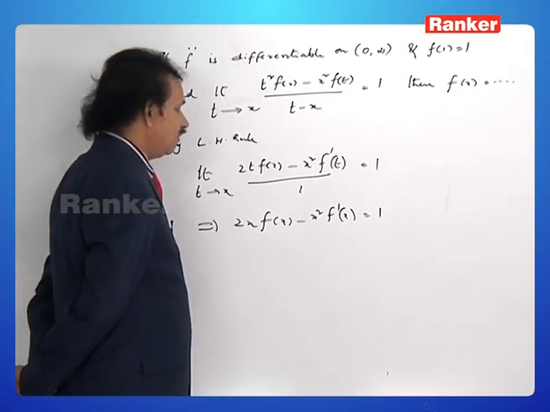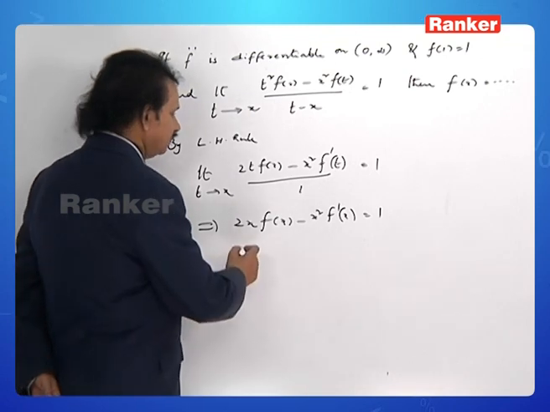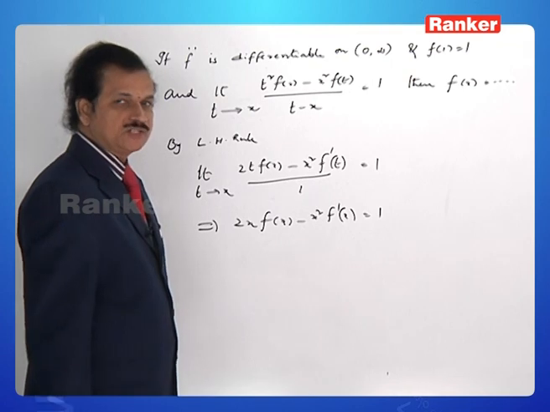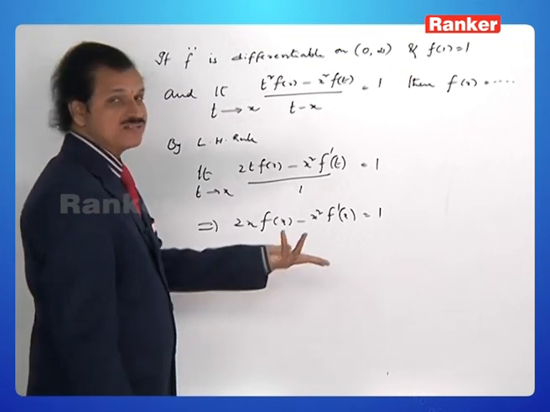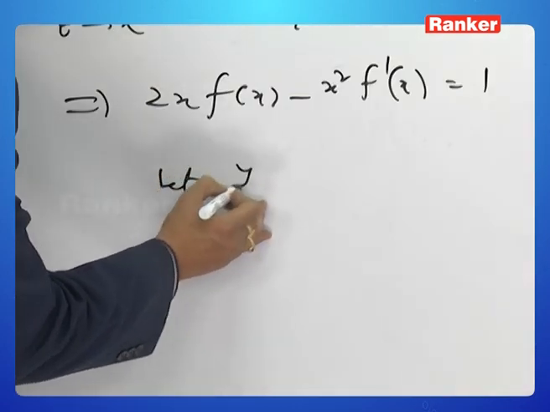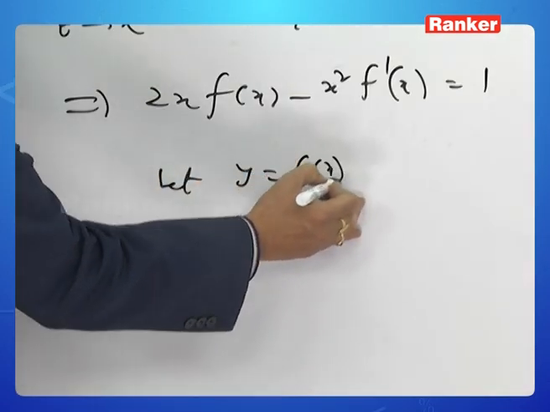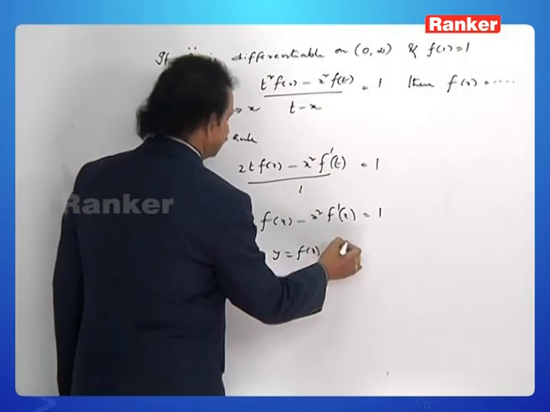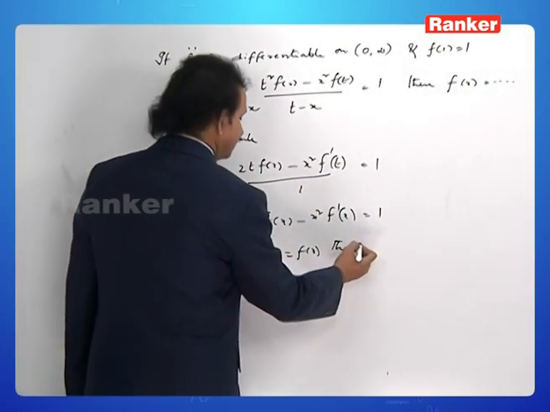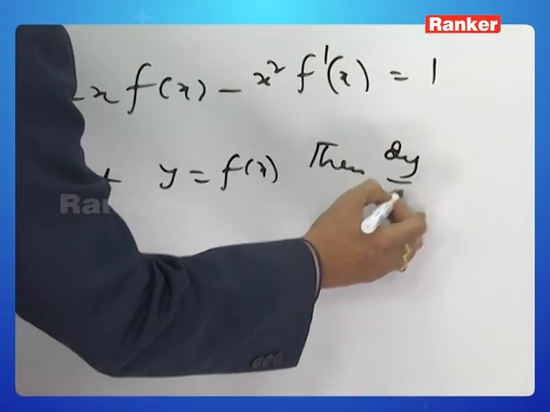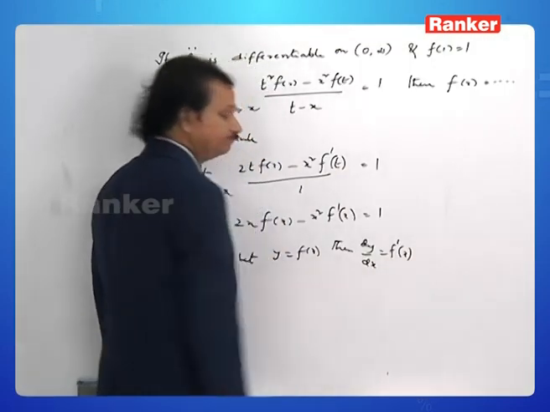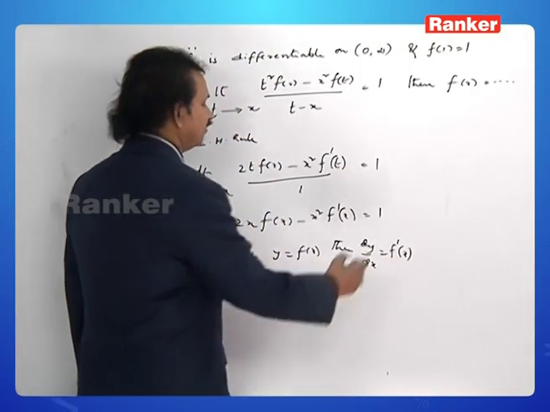Right. Now, let me take y is equal to f of x, automatically f dash x will be dy by dx. Let y is equal to f of x. Then dy by dx is equal to f dash x. Call this equation 1.